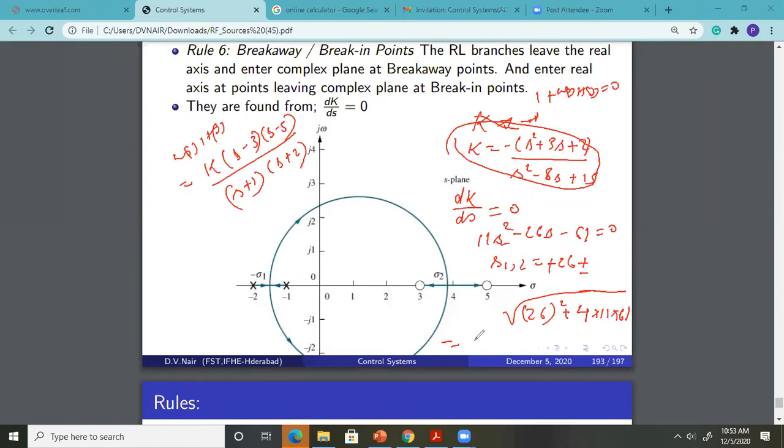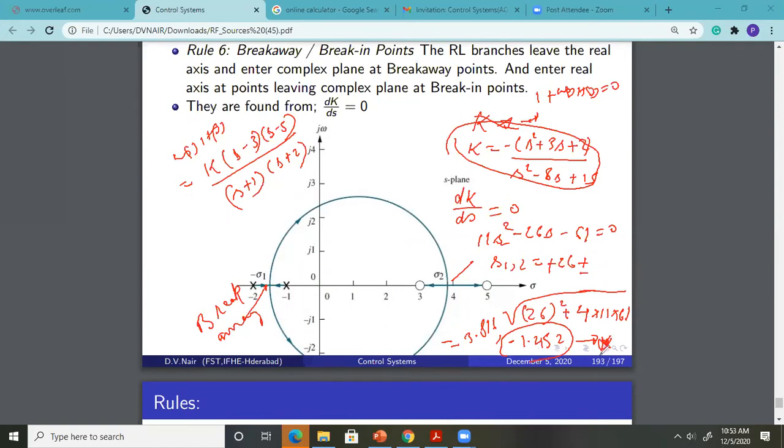And what are the two roots, Ben? One is 3.816, and the other is minus 1.452. So this minus 1.452 is the breakaway point, right? This is not k, this is s. We are finding the breakaway point, and the breakaway point gives s values only, right?